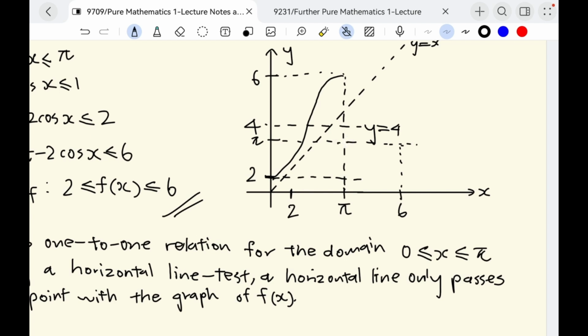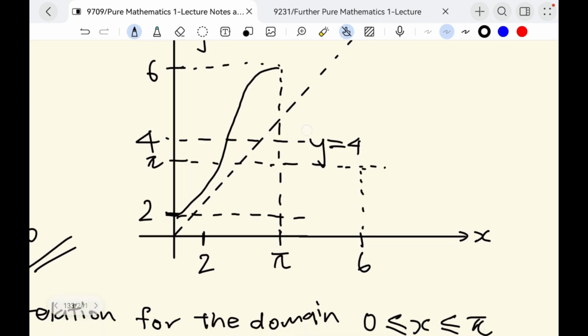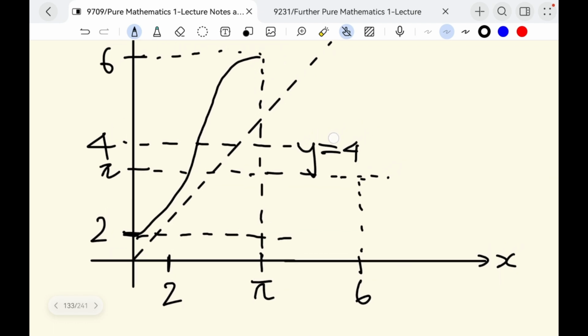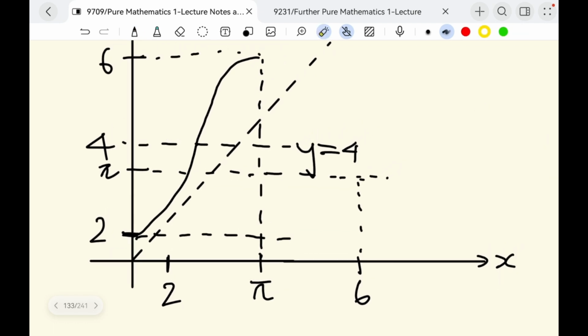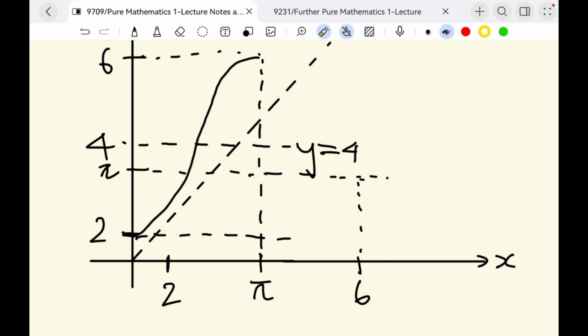So this sketching is just a random sketching. But the concept must be correct. Usually the f inverse x is reflected about the line y equals x, but not always. It's better for you to sketch the graph for better analysis.